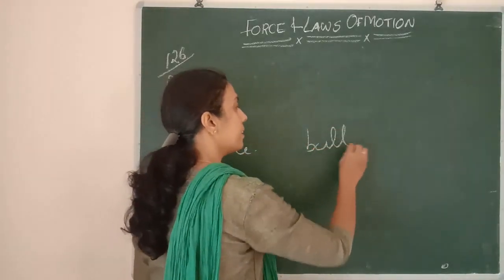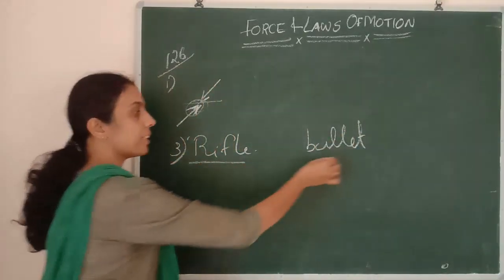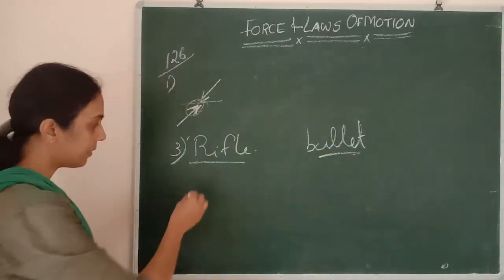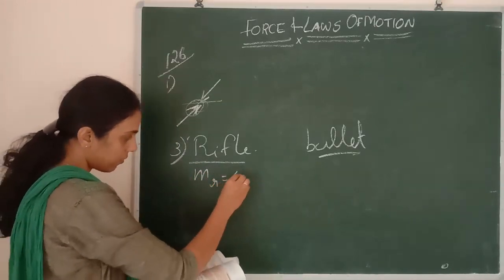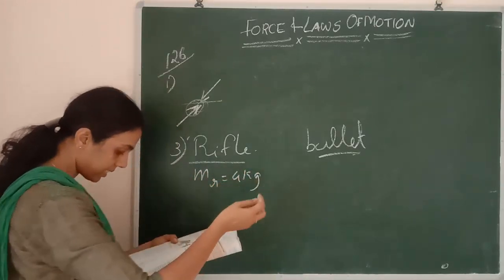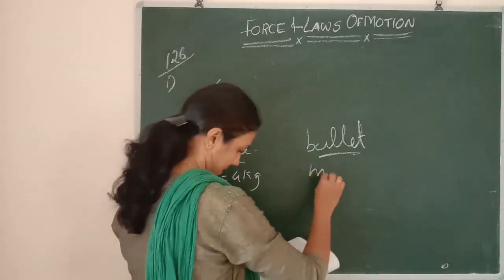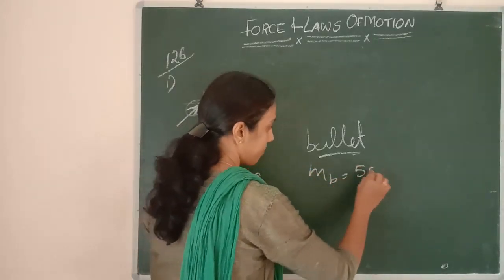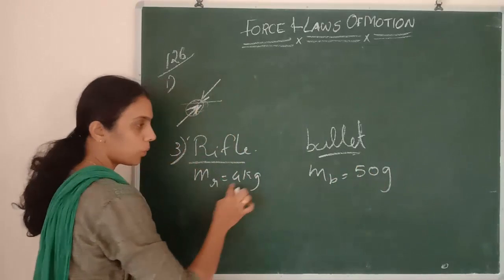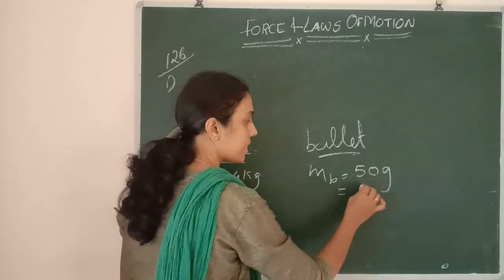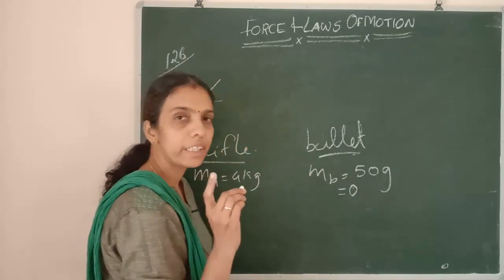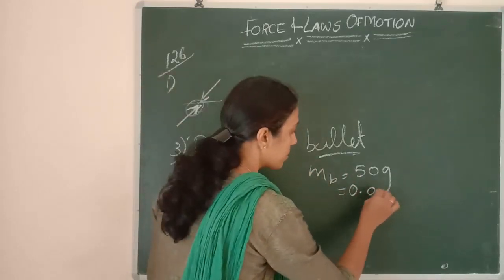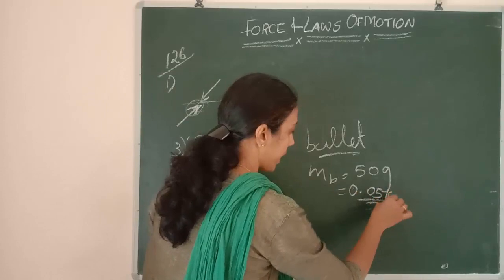The mass of the rifle is 4 kg and the mass of the bullet is 50 gram. So this is in kilogram and this is in gram, so we can first convert to kilogram by dividing by 1000. So it is 0.05 kilogram.